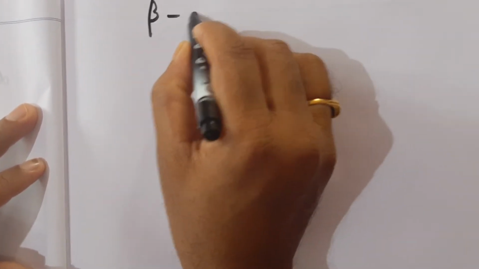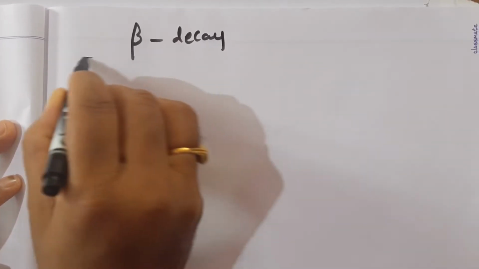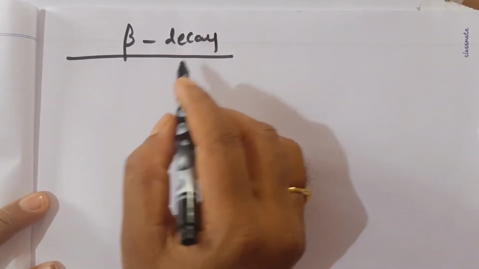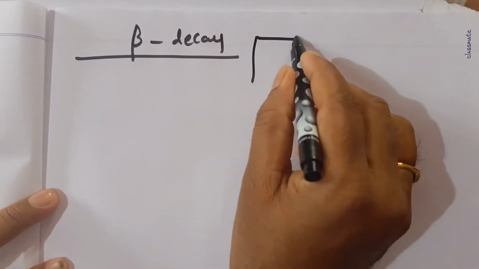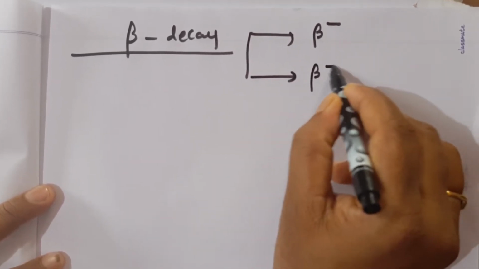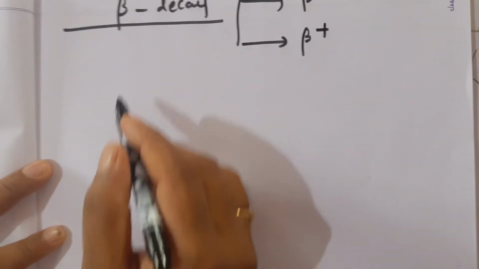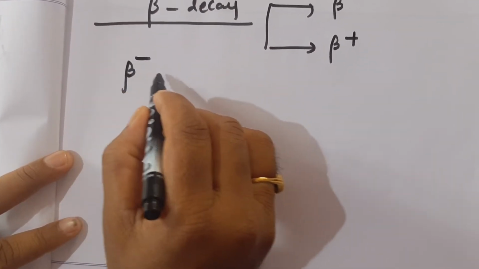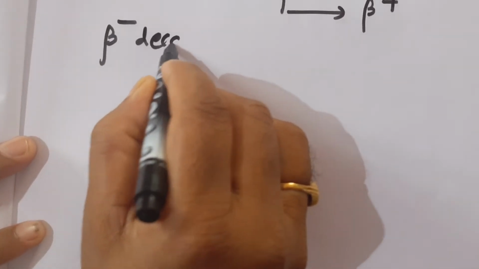Now coming to the beta decay, how to represent the beta decay? As I mentioned in the earlier class, it is of two types: one is beta minus decay, second one beta plus decay. First, see beta minus decay.